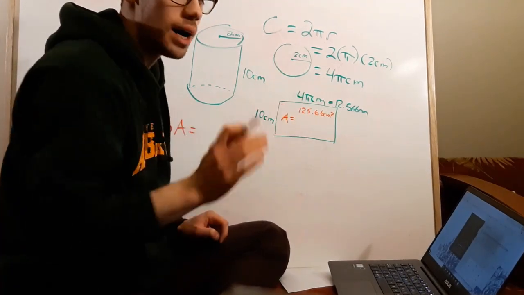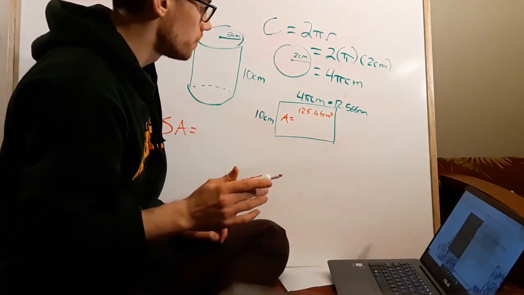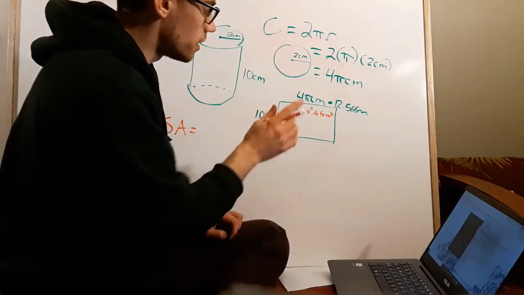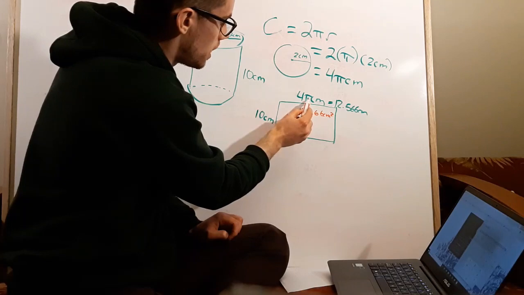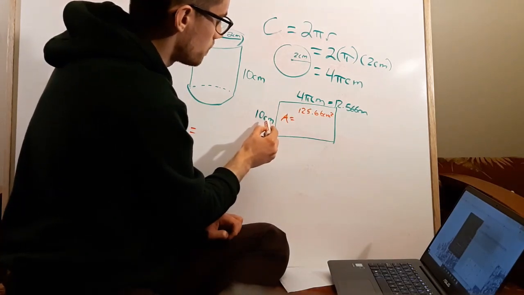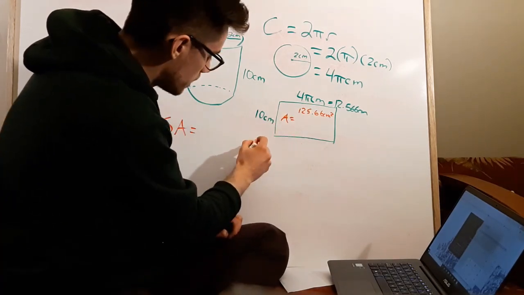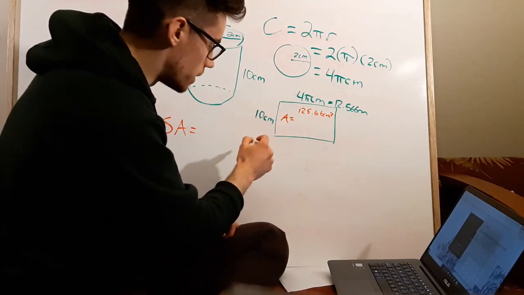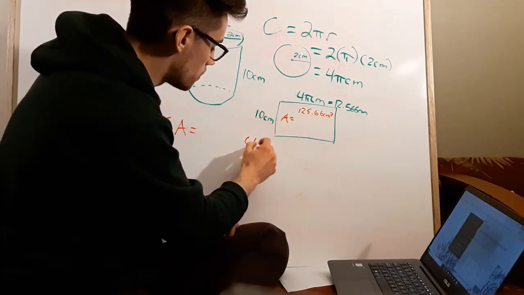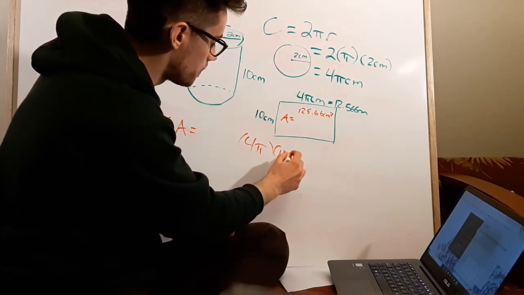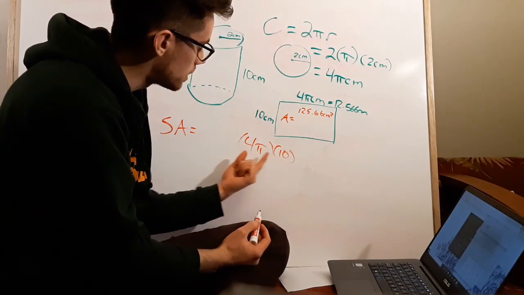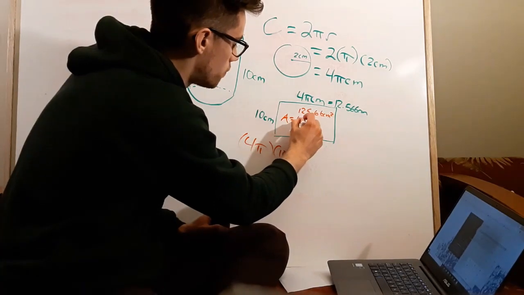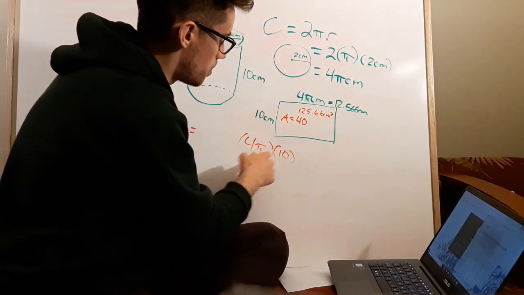If I kept the pi by itself, you don't have to do this, but if I kept the pi here and didn't use this number, I would do 4 times pi times 10. And what is 4 pi times 10? It turns out I can multiply those numbers together, 10 times 4, and have it be 40 pi.